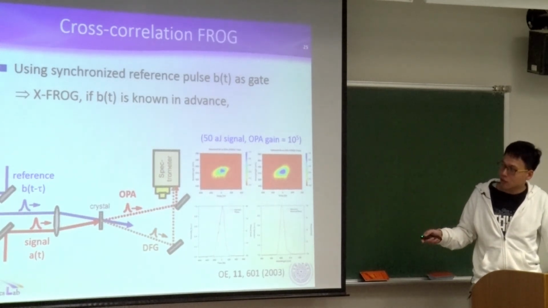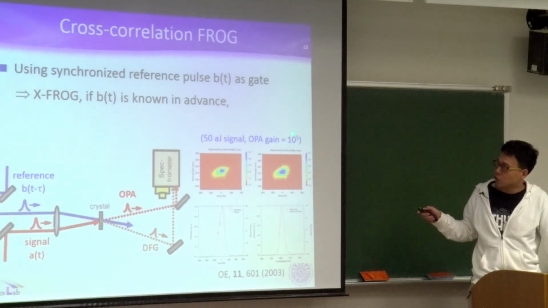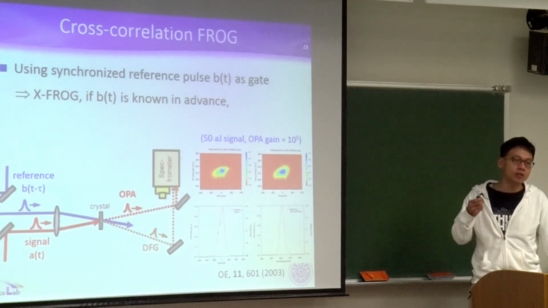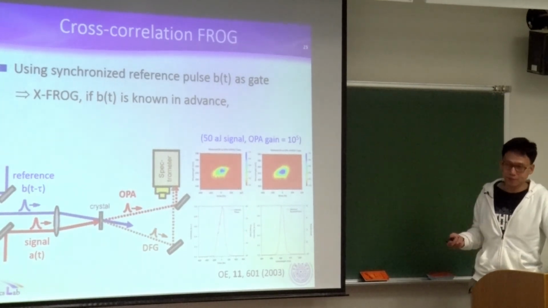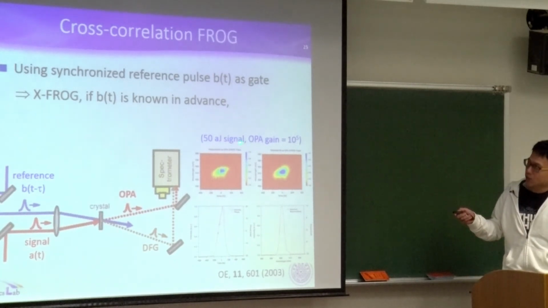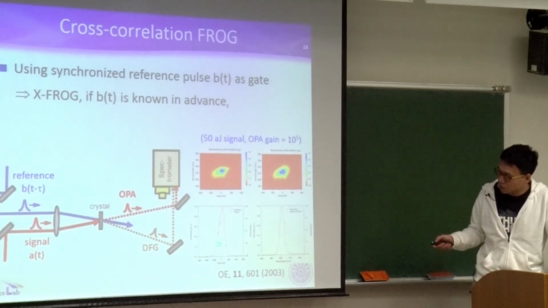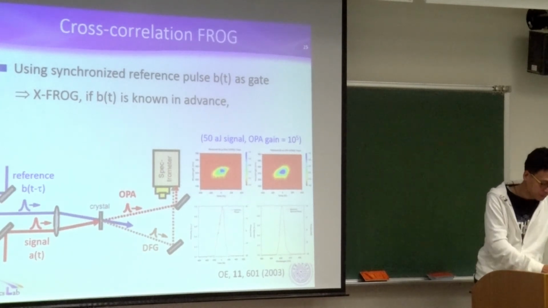You just use a strong reference pulse, providing strong gain, such that your OPA power spectrum still has sufficiently good signal-to-noise ratio. Then the measurement succeeds. In this case, the signal pulse can be as weak as 50 attojoule per pulse, and you can still reconstruct the electric field accurately.